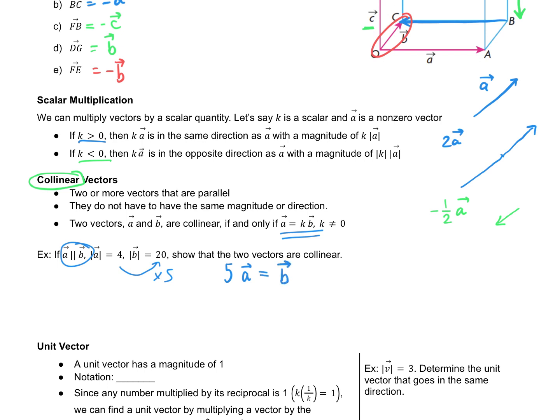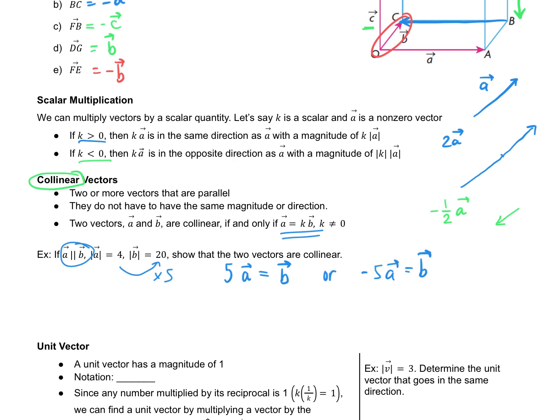Now, the only thing that is problematic here is, yes, my vectors are parallel, but it doesn't say if they're going in the same direction or opposite. So this statement can be true, or maybe this statement is true if they're going in opposite directions. So either one can be true here.